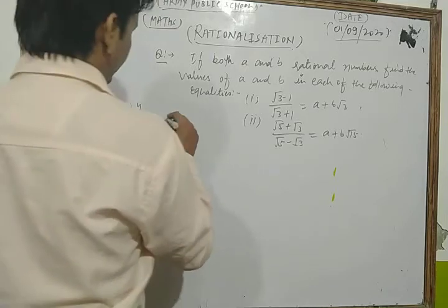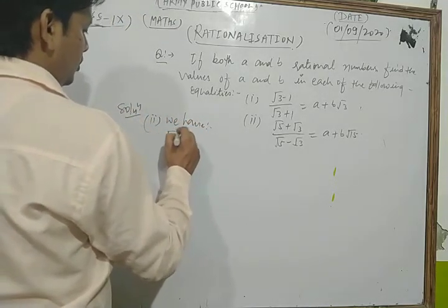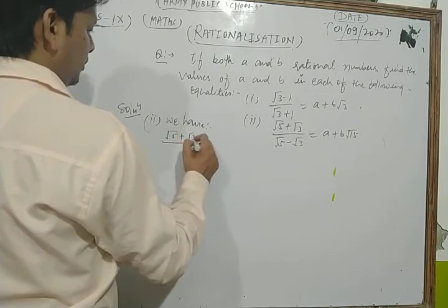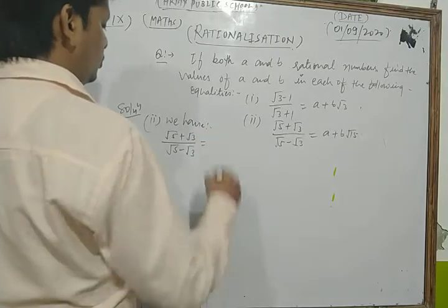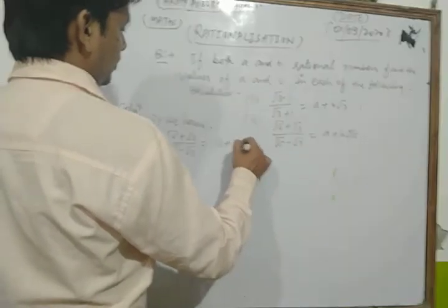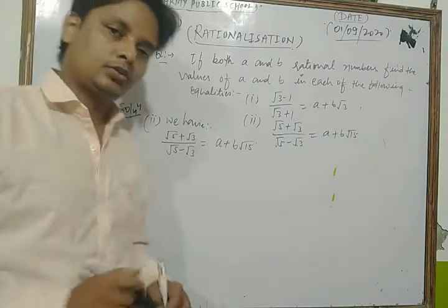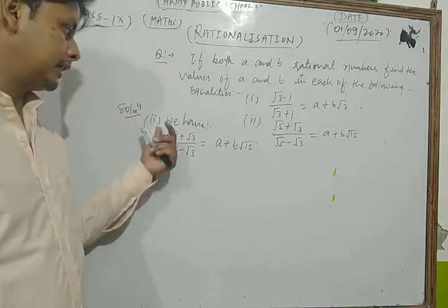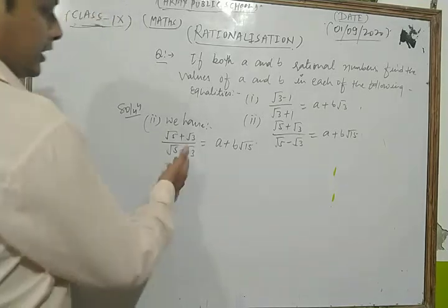Second part is, we write root 5 plus root 3 upon root 5 minus root 3 is equal to this. Now look, dear student, we must multiply both the numerator and denominator by the conjugate of the denominator. Now we are rationalizing them.